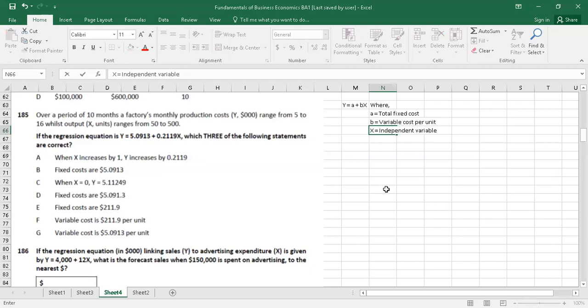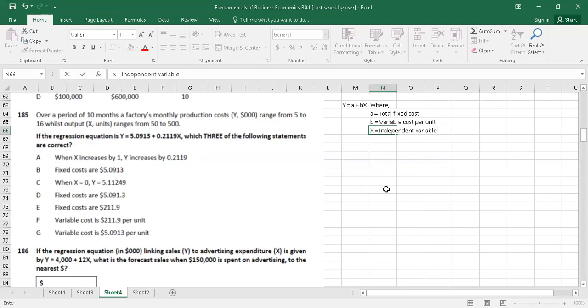We do not know much detail. We only know that there is an equation given: A is equal to 5.0913 and B is equal to 0.2119x. The first paragraph talks about a period of 10 months, where the factory's monthly production cost ranges from 5 to 16, while output X ranges from 50 to 500. We need to select any three of the following statements.